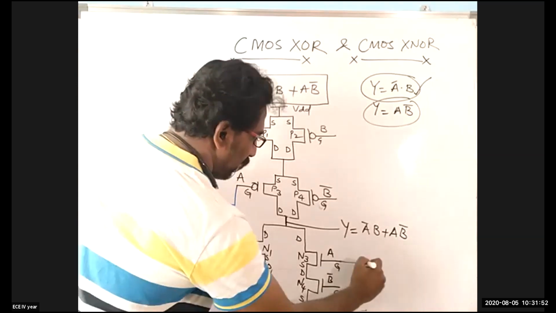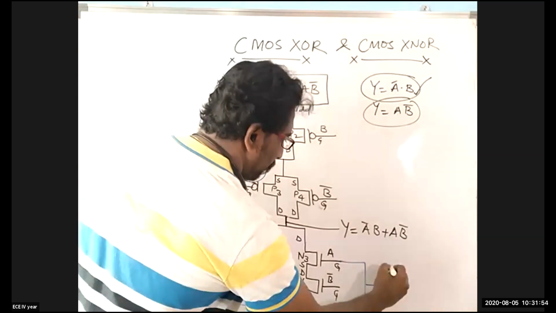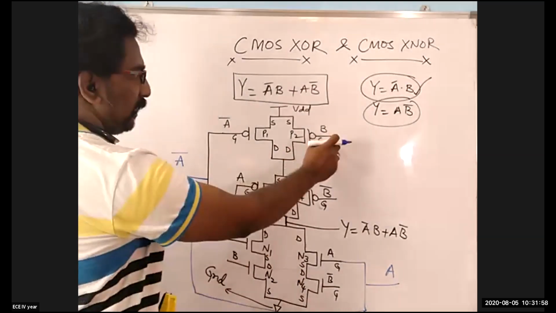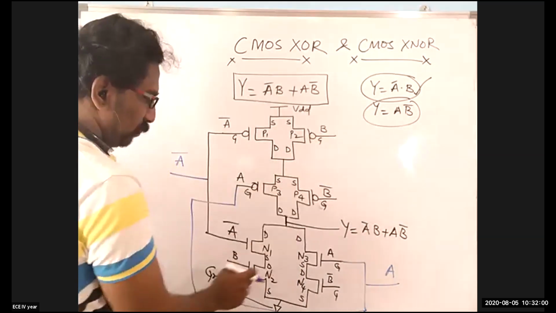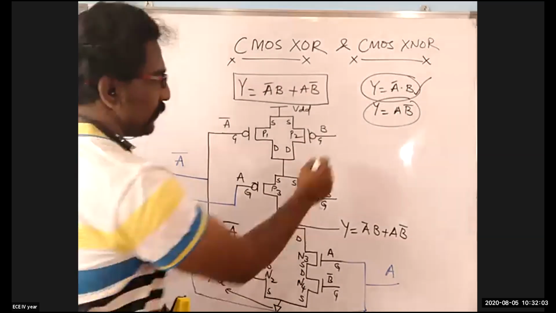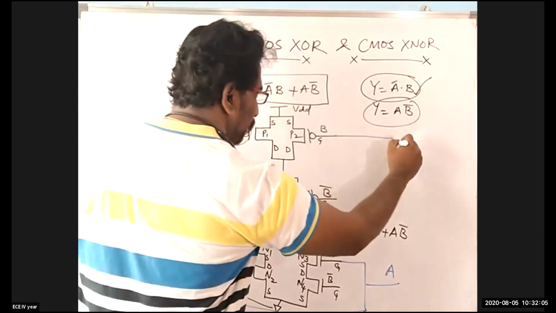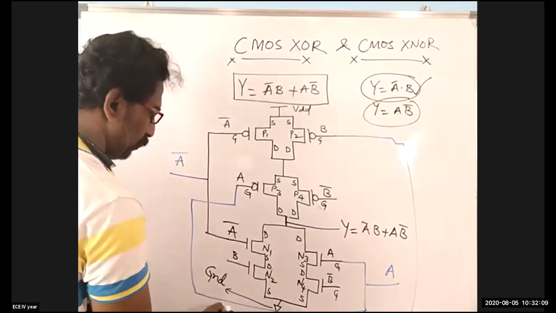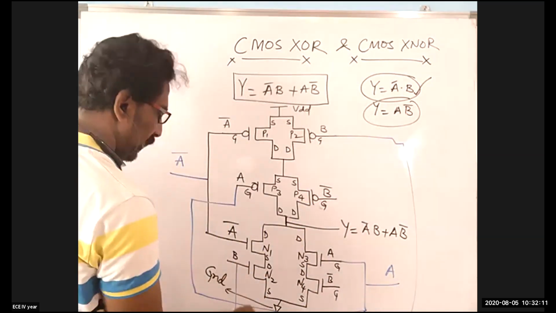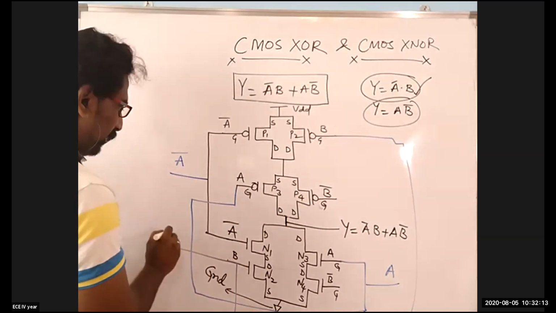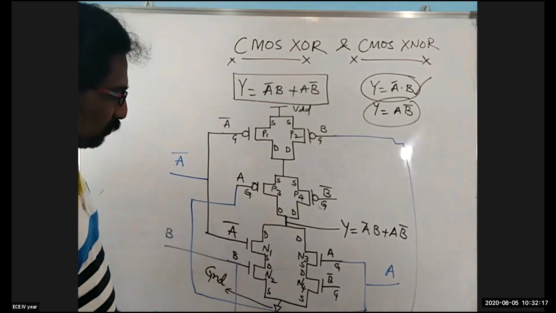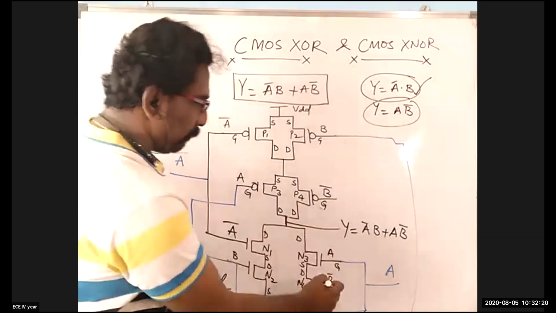This is your A, and then B of this one is connected to B of this. It is connected to B of the N transistor. So here comes your B input. Then in the same fashion, you are supposed to make the connection of B bar. B bar is over here.